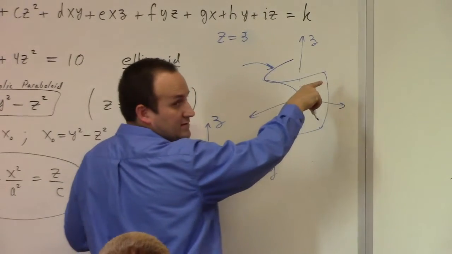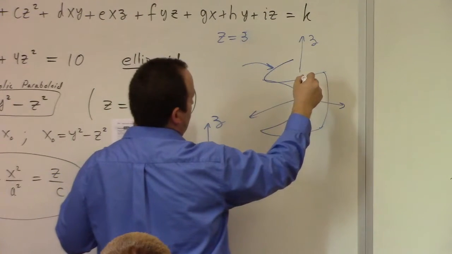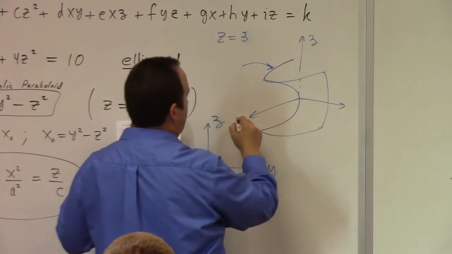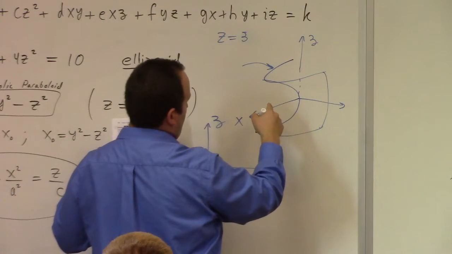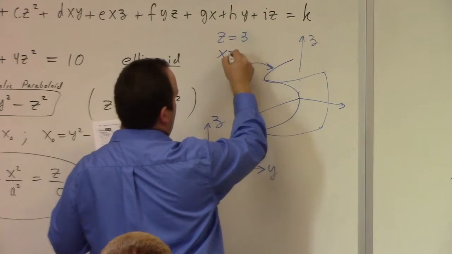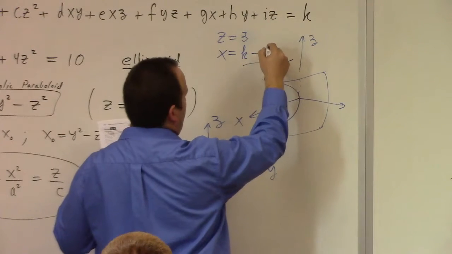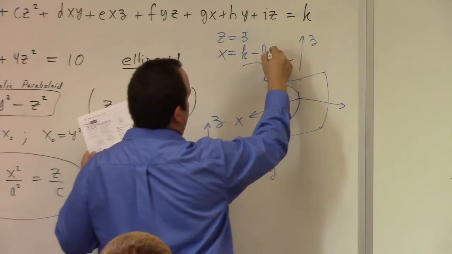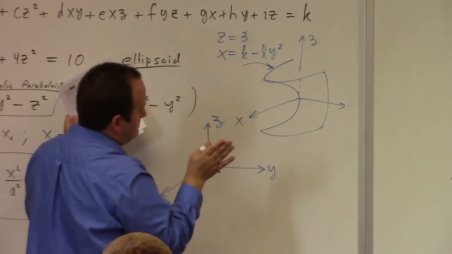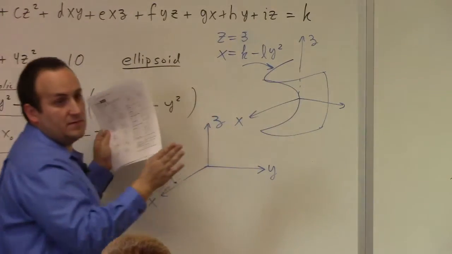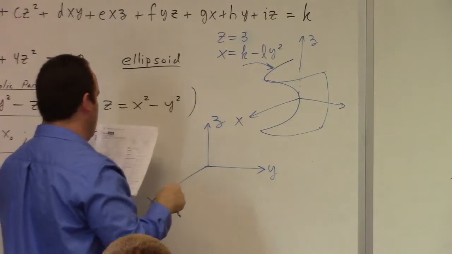Some kind of parabola? This is x, right? So it should be something like x is equal to some number, let's say k, minus some other number, L times y squared, because it's opening down in the x direction, and y would be the variable here. So I would expect the curve of intersection to look something like that.